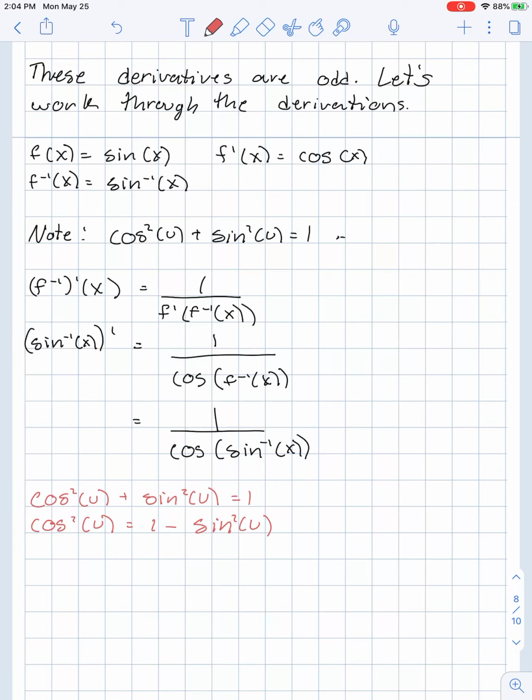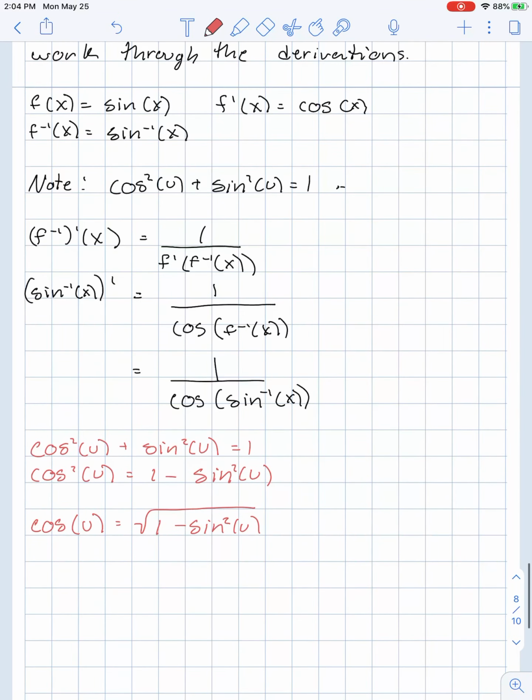And then I'll take the square root of both sides. All right, cool. And we're actually just going to take the positive version of that because of how arcsine looks. Alrighty? And we'll get to that in 1 second.